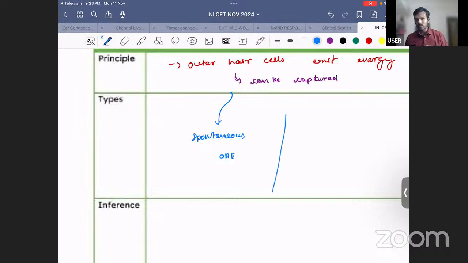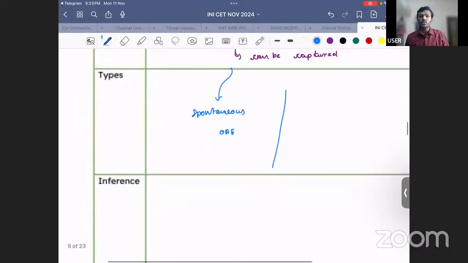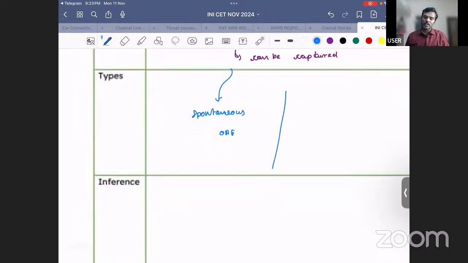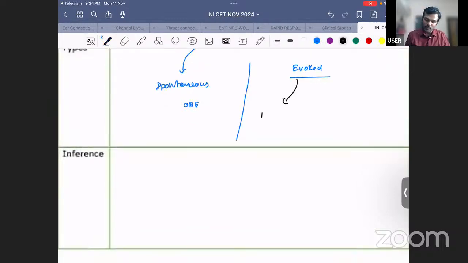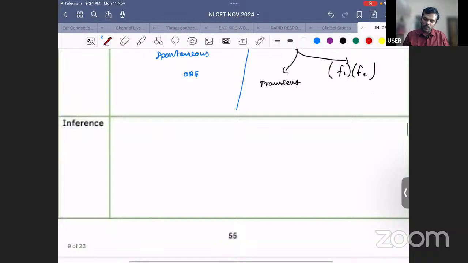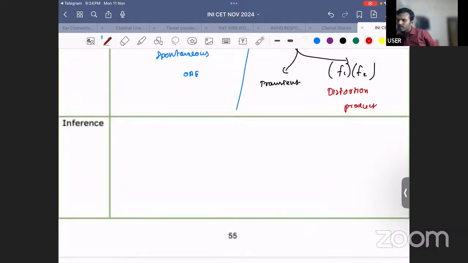It may be absent in up to 30 to 50% of persons. So how can we use OAE for such babies? In such babies, we could use evoked OAE. We give a sound of a particular frequency; it is called transient evoked. If we use two different frequencies and compare them for better results, that is called distortion product OAE.